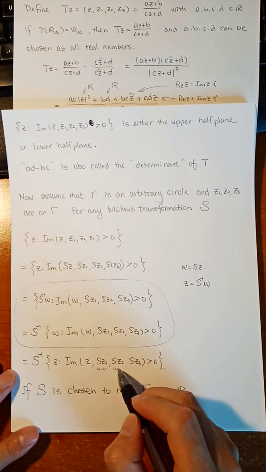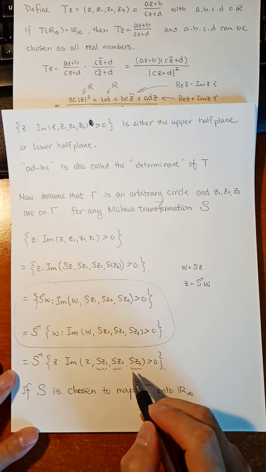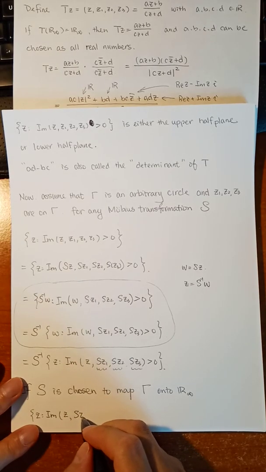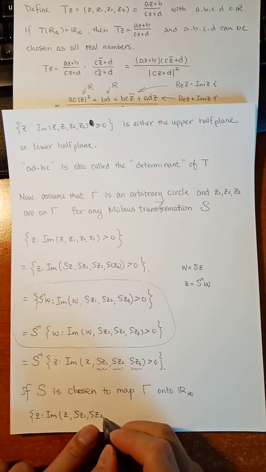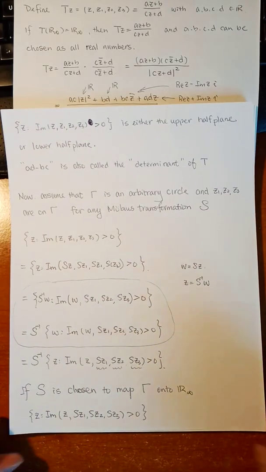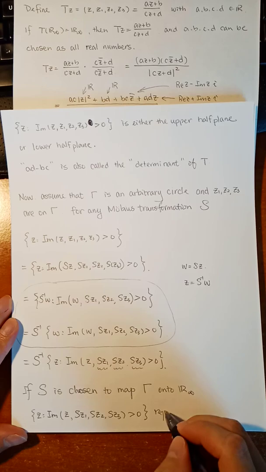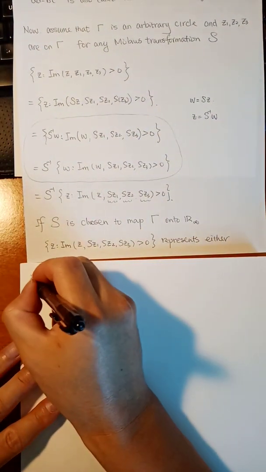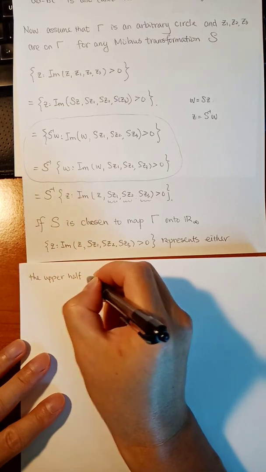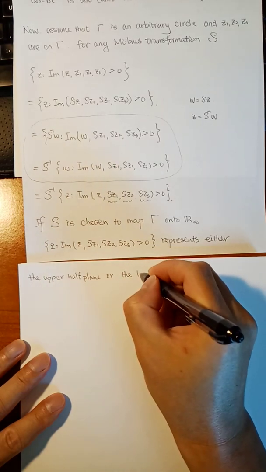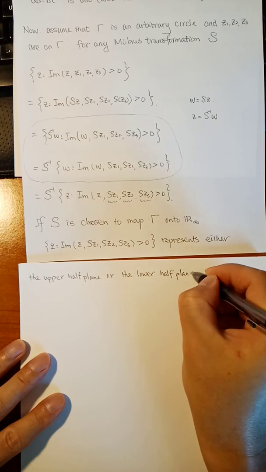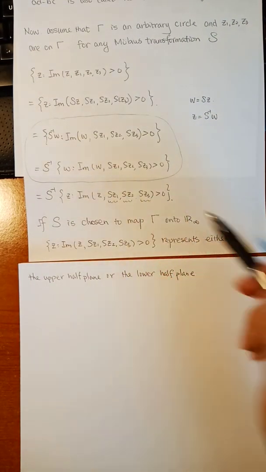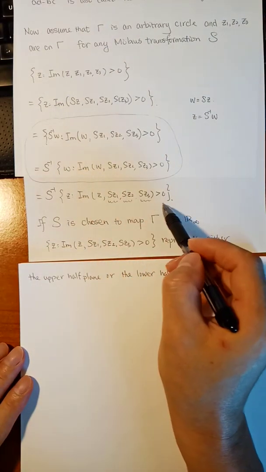Then these are real numbers. And the imaginary part of the cross ratio of Z, S of Z1, S of Z2, S of Z3 greater than 0 represents either, we don't know, either the upper half plane or the lower half plane, based on the previous argument, because you have real numbers.